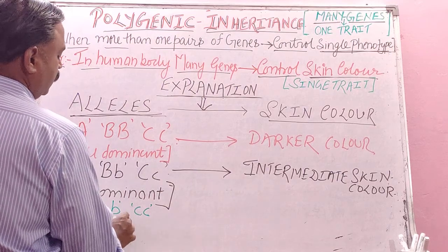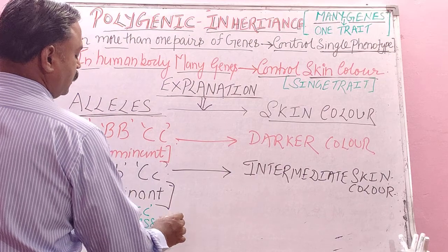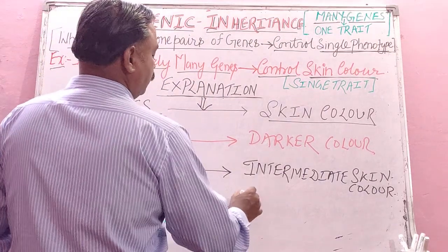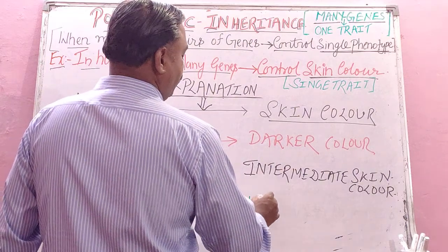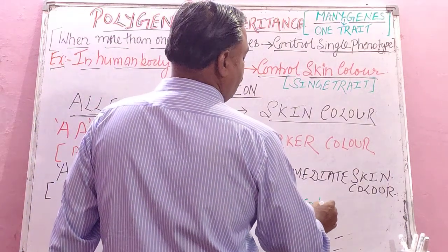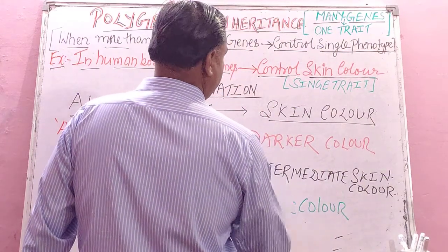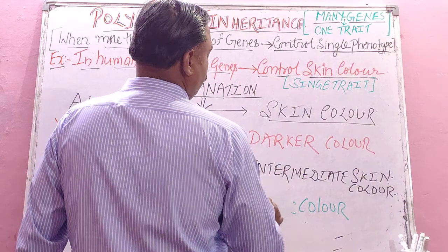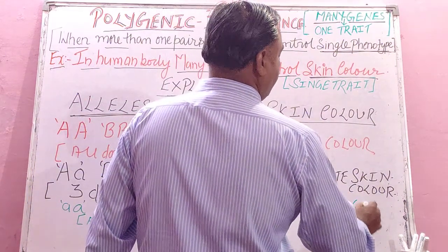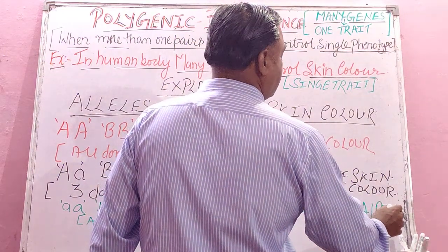In this condition, we get white color, or you can say albino. White color humans are called albino, and the condition is called albinism.